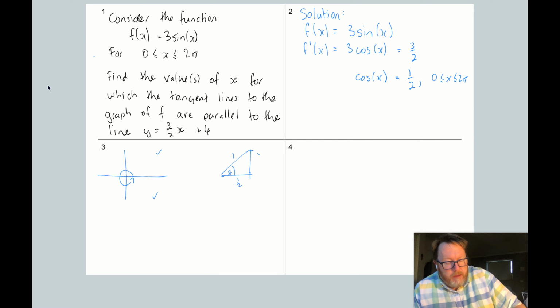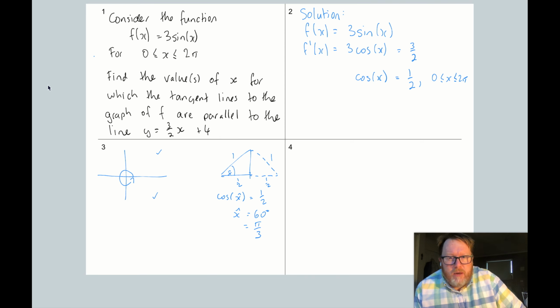This is part of that equilateral triangle solution here. So we can see here that the cosine of x hat is going to be equal to a half when x hat is equal to 60 degrees or pi on 3.